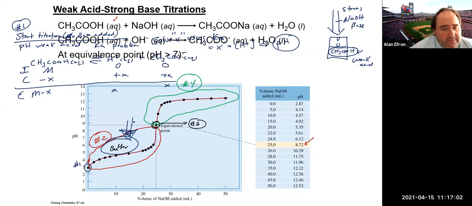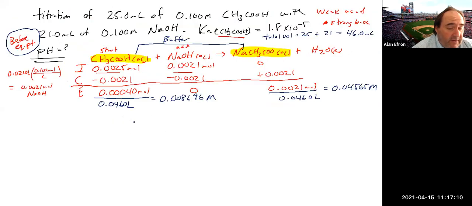And this is why it's important to understand where you're at and what should be going on, because if you do, you would know that you should hit a buffer at this point in your calculation. If you didn't hit a buffer at this point, you clearly did something incorrect. So these are the ways you could check yourself as you're doing these problems to make sure that you understand what is going on. Any questions on that there?